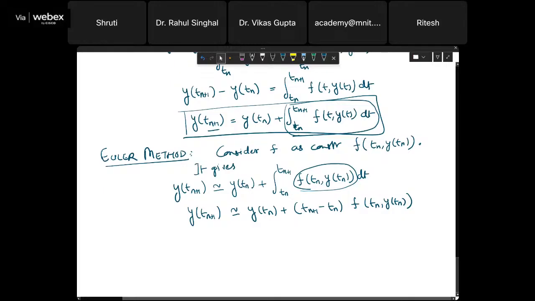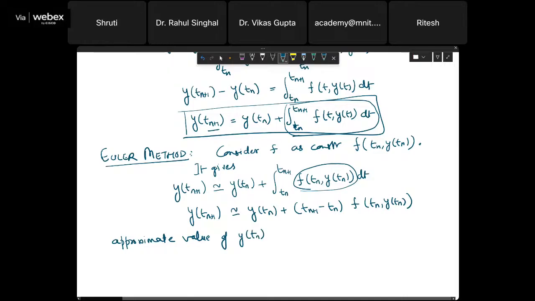Now if we use another notation for representing the approximate value of the actual value of y at T_n, say, we denote the approximate value of y of T_n as y with subscript n.